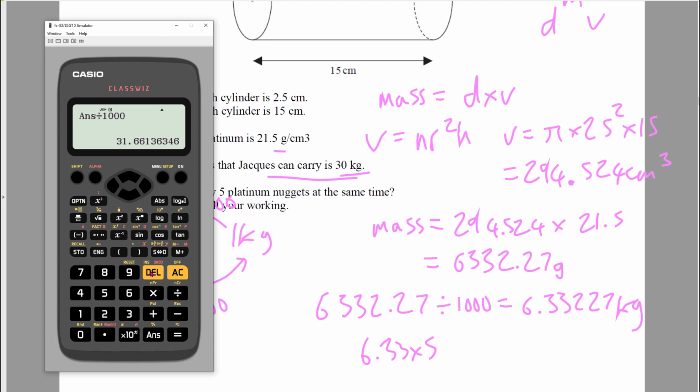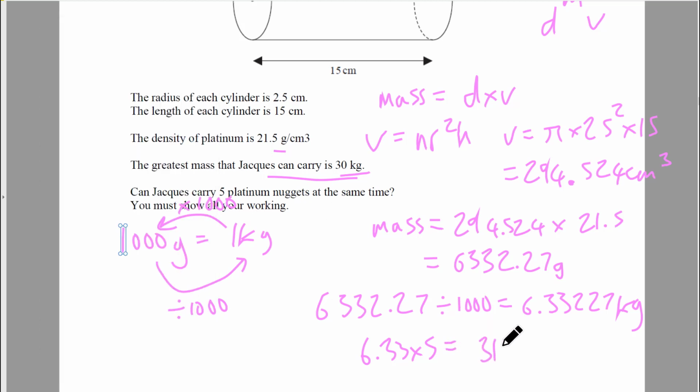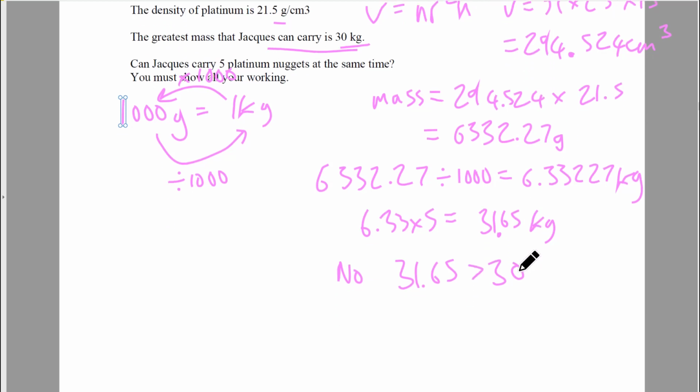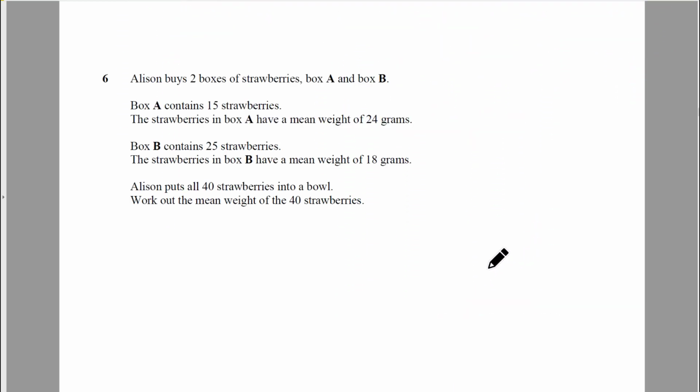But let's just use my numbers I've been using. 6.33 times 5 is 31.65. Do not forget the decimal. And how could you round it up? No, because 31.65 is greater than 30. As long as you've got the correct figures, that's fine, and that will get you your full 5 marks. So that's all easily doable.